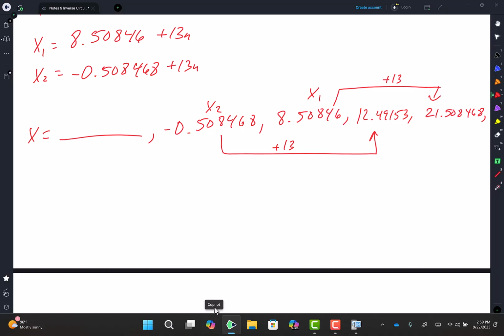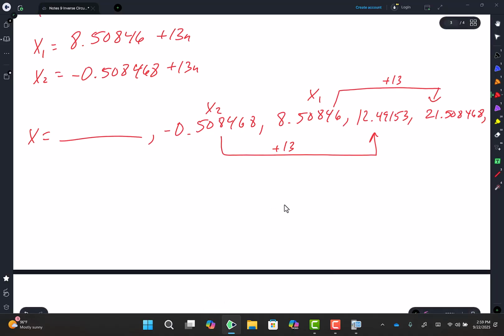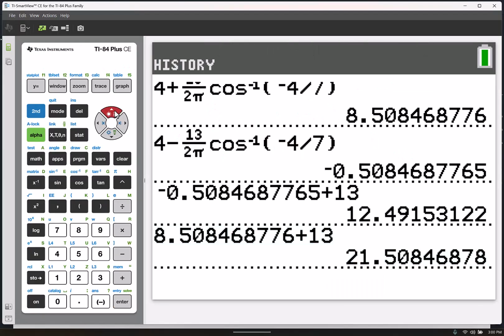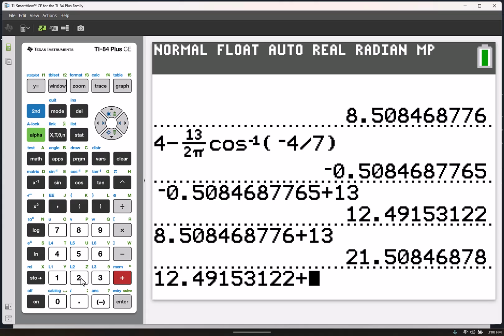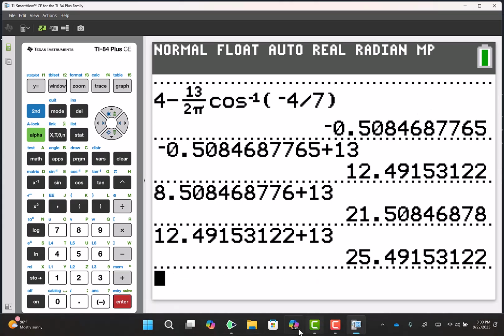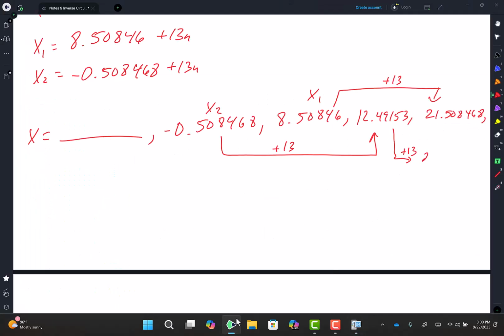And then I think I have one more after that 21, right? So I'm going to take that 12.49 and add 13. I'm just going to scroll up, guys. Enter. Plus 13. 25.49153.